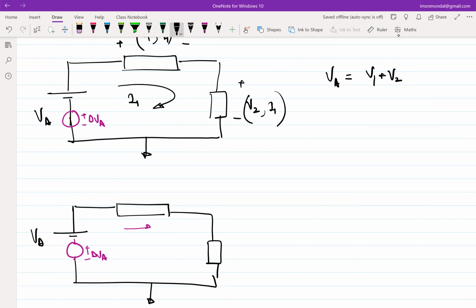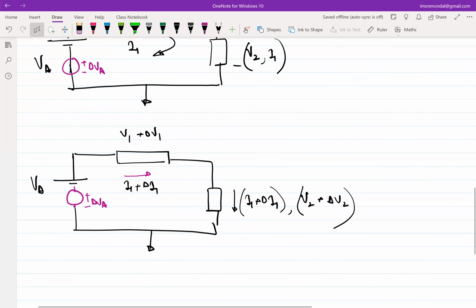It will go from I1 to I1 plus delta I1. This will be again I1 plus delta I1. So this voltage will be V1 plus delta V1. This voltage will be V2 plus delta V2. So no harm done. I haven't changed anything. Everything is legal, right?